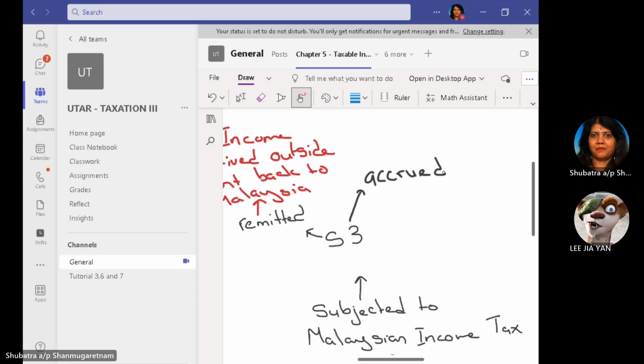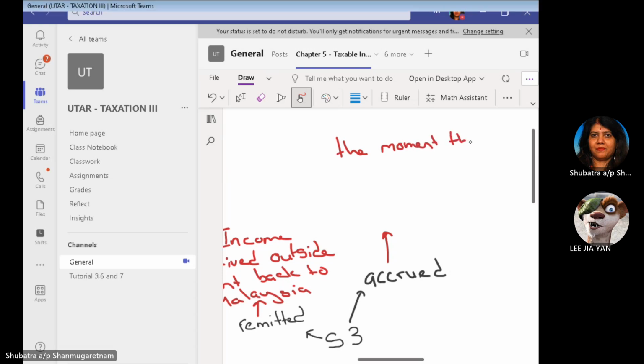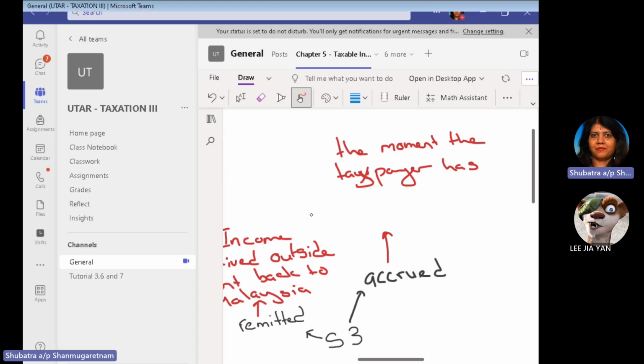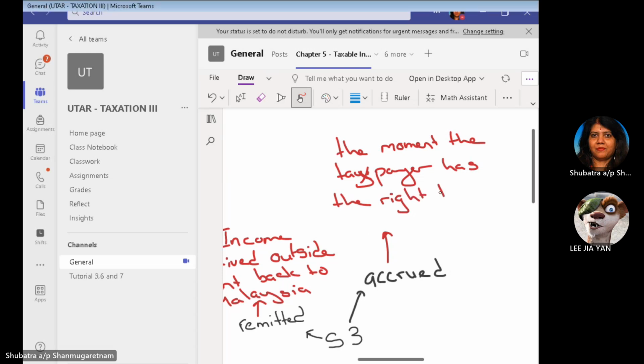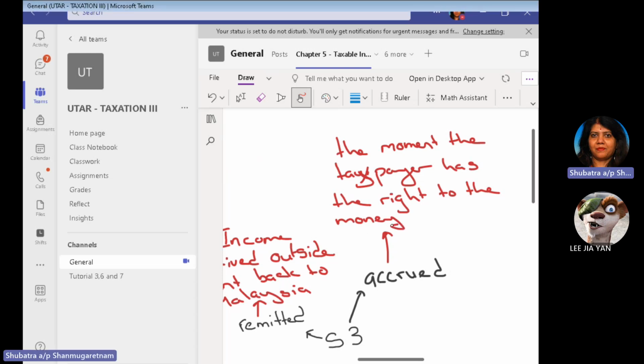Now, the accrued thing here says that the moment the taxpayer has the right to the money, that amount of money becomes taxable in Malaysia.